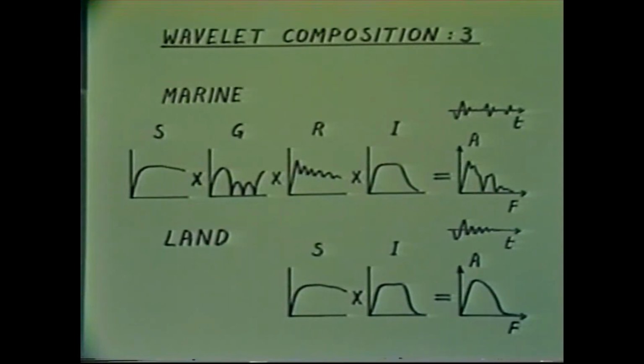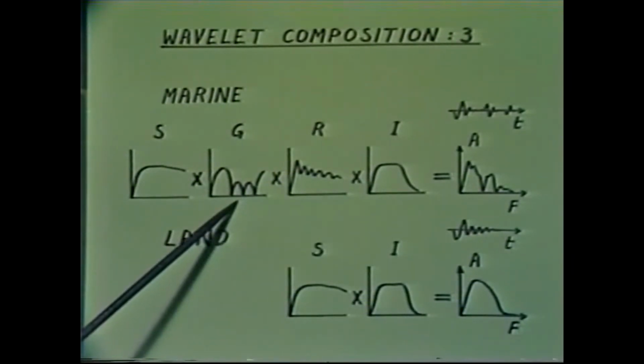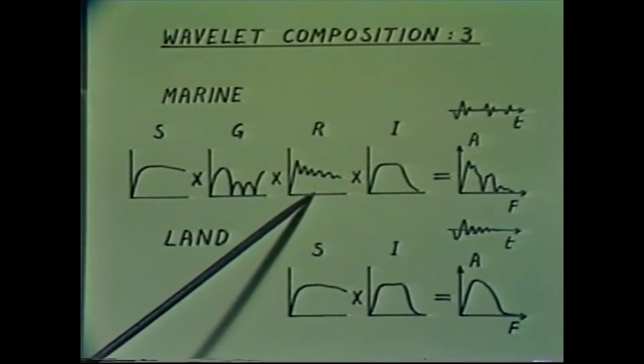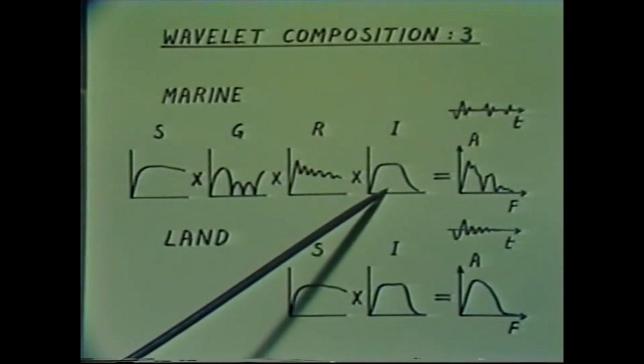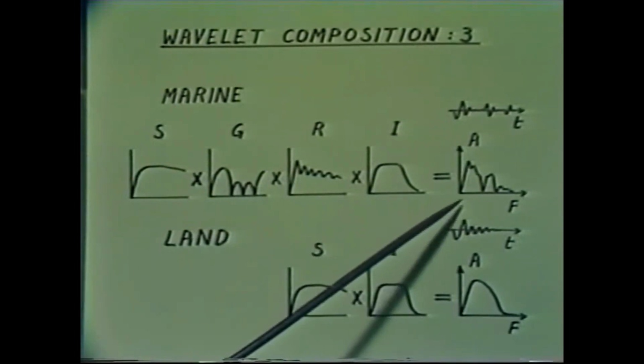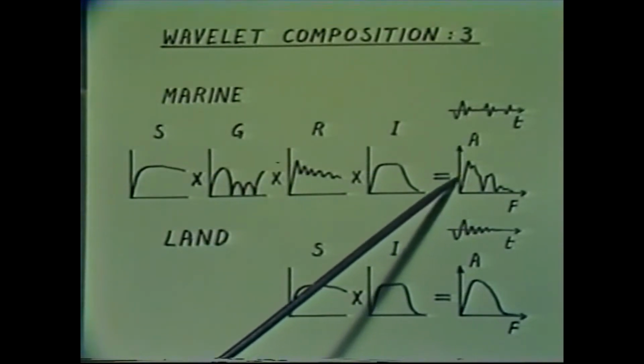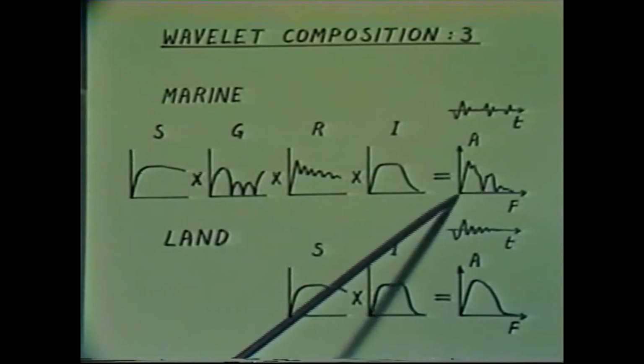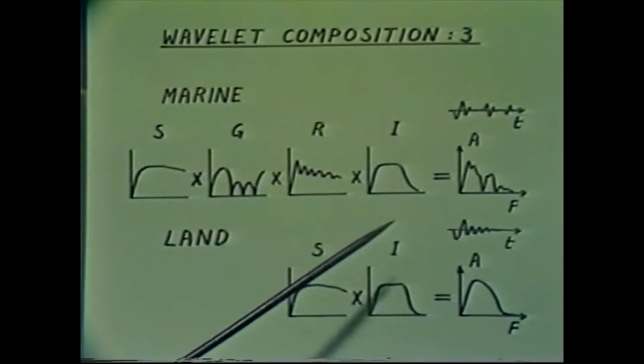Now there are some basic differences between the effective wavelet on marine data and on land data as shown here. In the marine case, the effective wavelet results from the multiplication of the amplitude spectra of the source wavelet, the ghost effects, reverberation effects, and the instrument effects, giving an amplitude spectrum for the effective wavelet which in general is something like this.